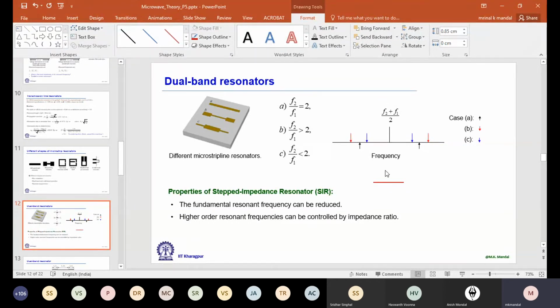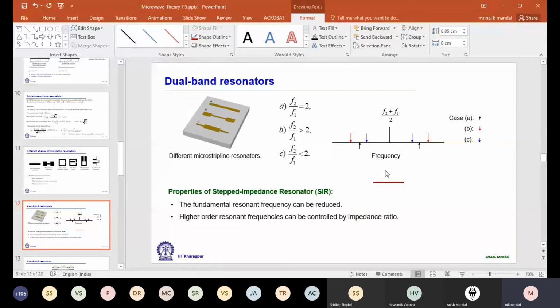Now where can we apply this? Let's say we are designing a filter for dual band application and we need some fixed f2 by f1. For example, a mobile phone base station has an application at 0.9 gigahertz, and another at 1.7.